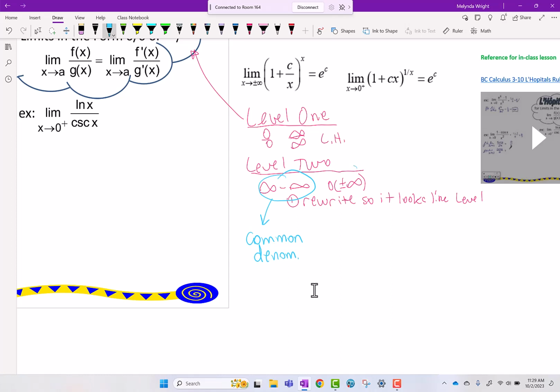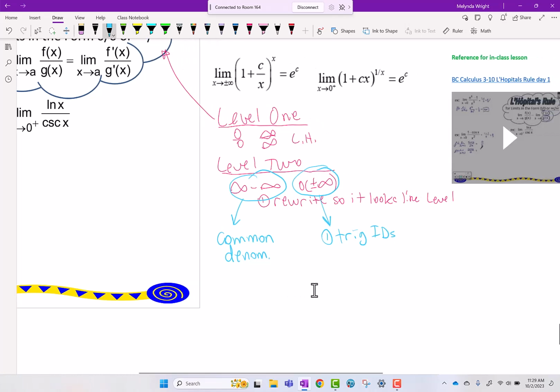For this kind, where it's 0 times positive or negative infinity, there are a couple of different things we could try. One is we could try trig identities. That's a pretty good way to rewrite, and a lot of times that fixes our problem. And the second way is flip the x upside down.